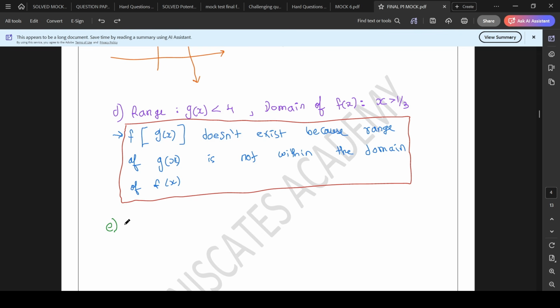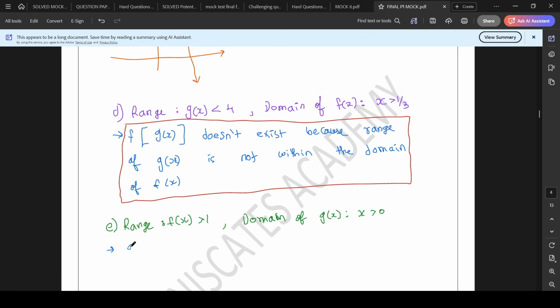So I can say that the range of f(x) is going to be greater than 1, and the domain of g is x greater than 0. So because g can accept the values greater than 0, and the function that I'm passing as an input to g, which is f, gives all the values greater than 1, so 100% gf(x) will exist.